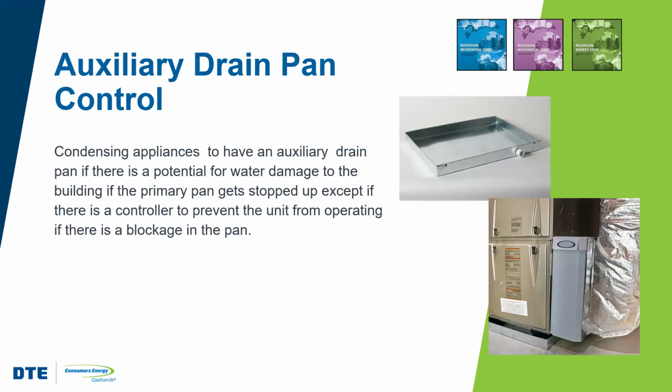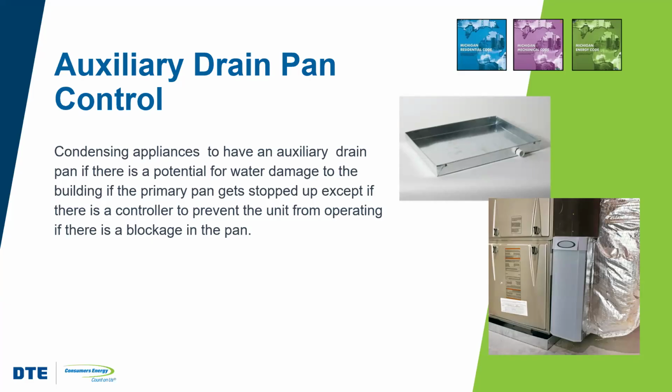We may also sometimes have to have an auxiliary drain pan, right? If there's the potential for water damage, if we've got a piece of equipment that, for example, might be located in an attic space, we want to have this auxiliary drain pan in case the primary drain pan that came with the piece of equipment, that might be internal to the equipment, gets clogged or overflows.